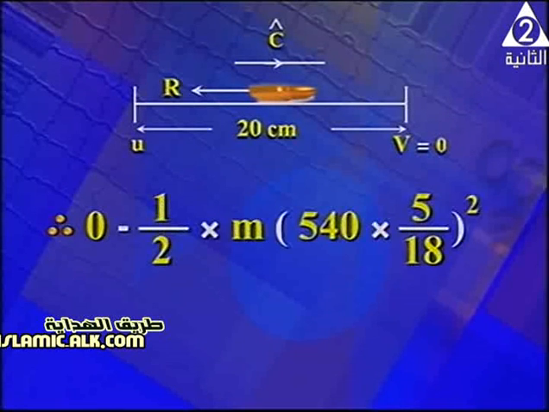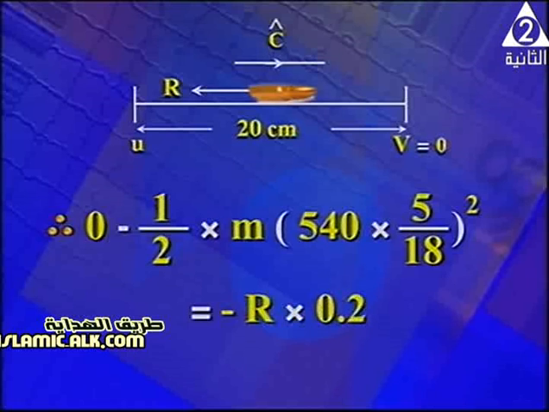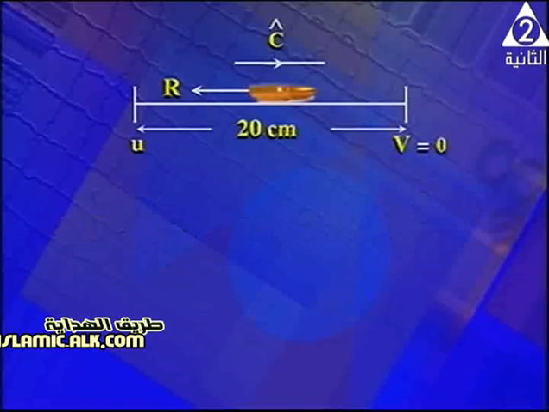Then by using substitution, 0 minus half times M times (540 times 5 over 18) all to the power square equals the right-hand side, negative R times 0.2. R is the resistance force, and M is the mass.